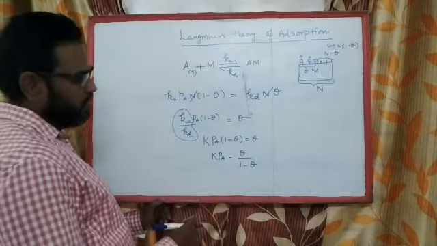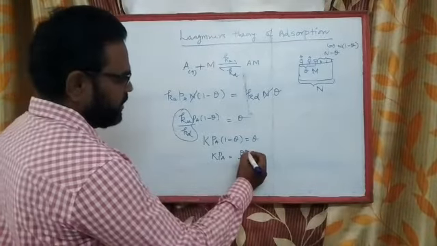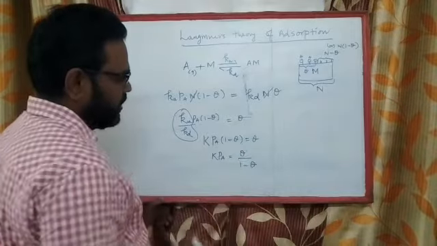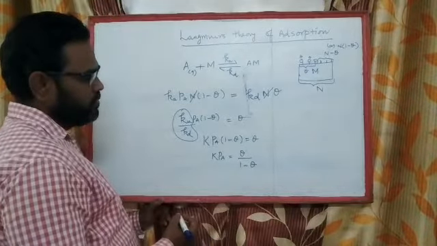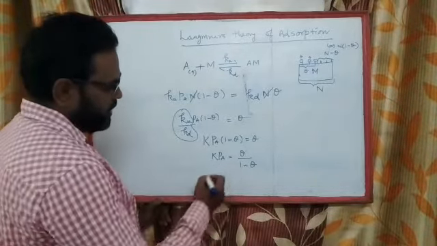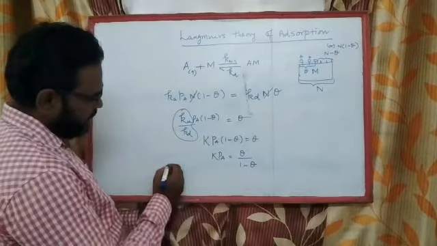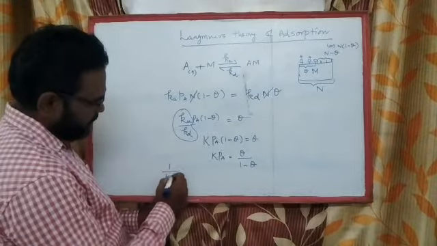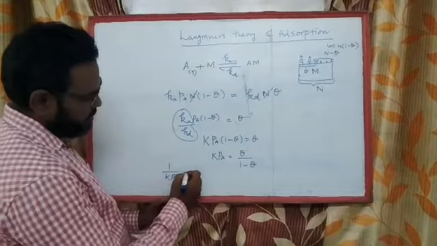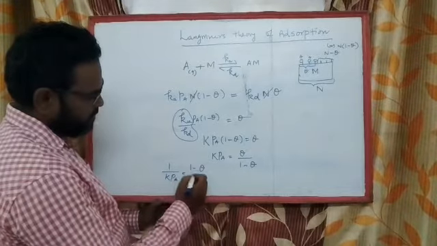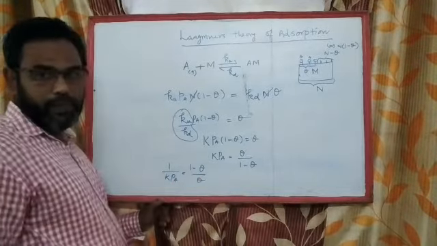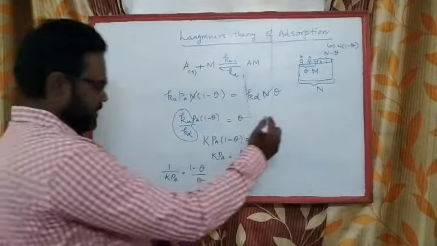I want theta to be calculated. So for convenience I write 1 by K Pa is equal to (1 minus theta) by theta.